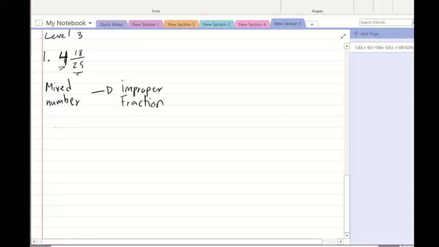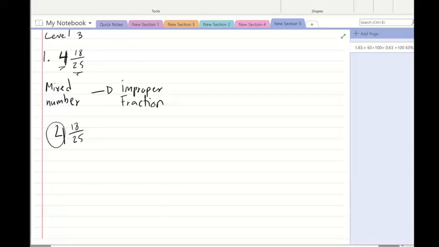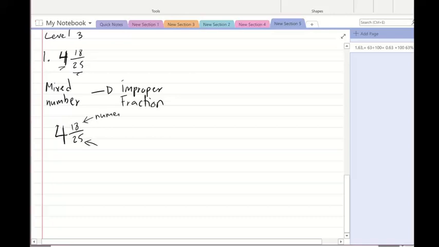How do we do it? Let's write this down right here. What you have to do is take this big number right here, which is your whole number, right? So your 4 is your whole number. Your 18 is your numerator, and this is your denominator.